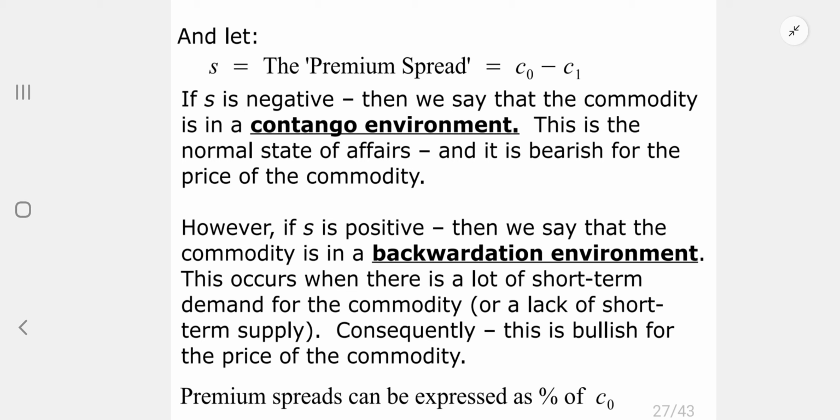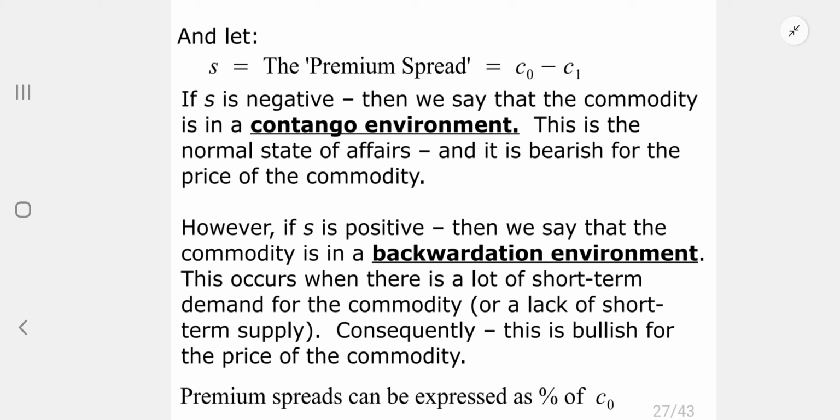If S is negative, then we say that the commodity is in a contango environment. This is the normal state of affairs, and it is bearish for the price of the commodity. However, if S is positive, then we say that the commodity is in a backwardation environment.